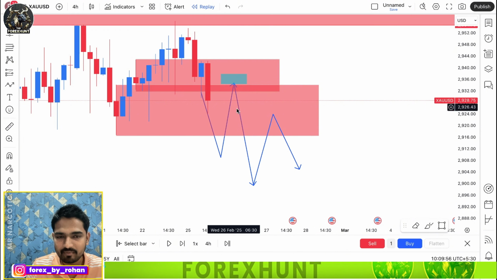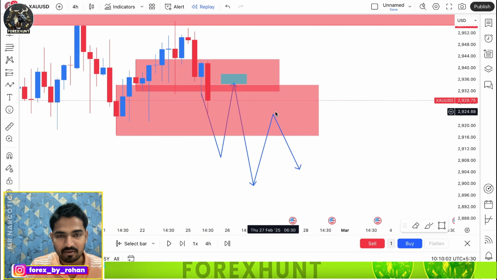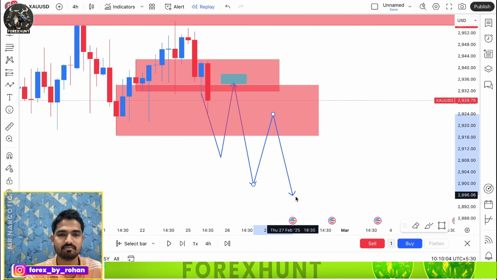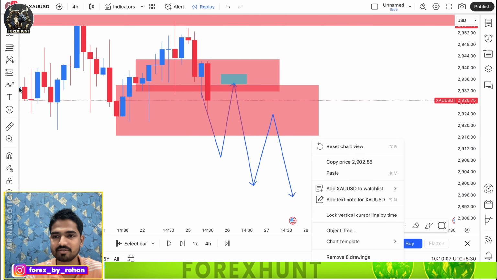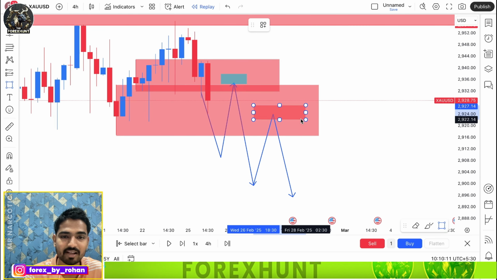Confirmations. When it goes down the box, this buy got failed now. Let it come to the zone. Then it starts dropping. Here we will find confirmations. I hope you guys are able to understand, because you guys are smart. You are becoming smarter than me.